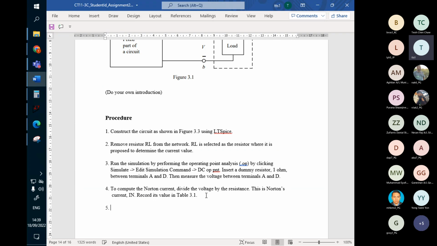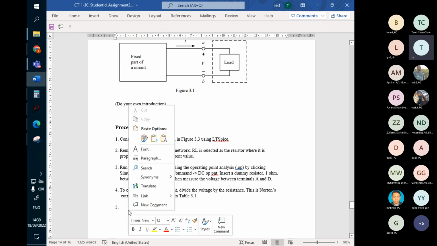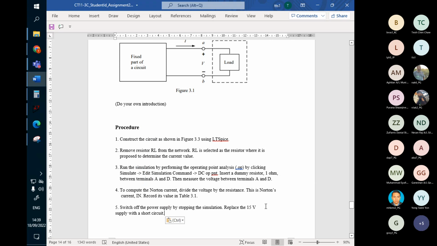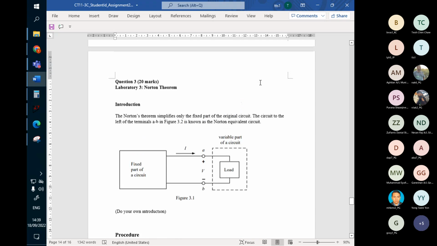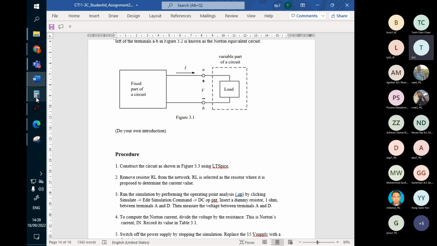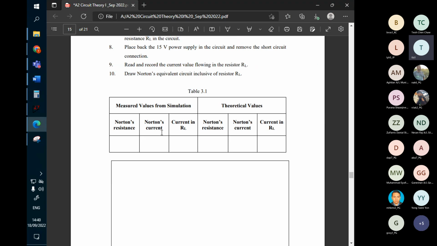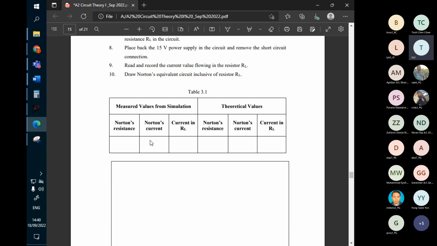Step number 5, what we want to do is, I think, to look for Norton resistance, right? Because we already got the Norton current, so what we're looking for next must be the Norton resistance, because these are the two that we want: Norton resistance, Norton current, and then eventually we find the current flow through the external RL.